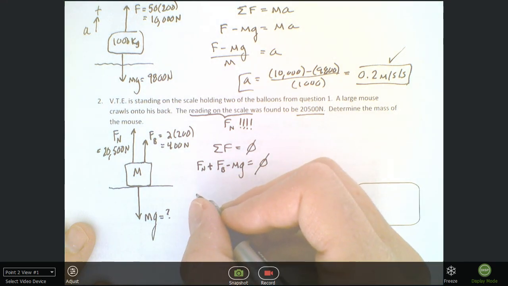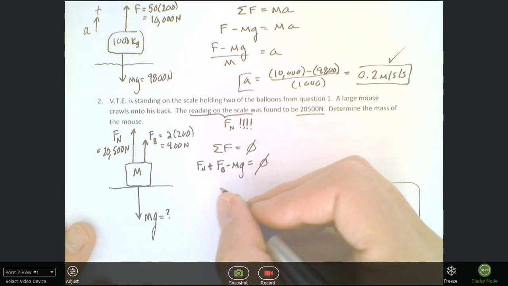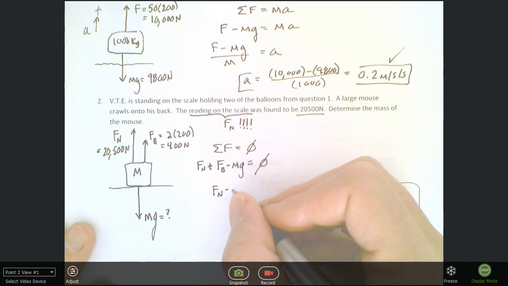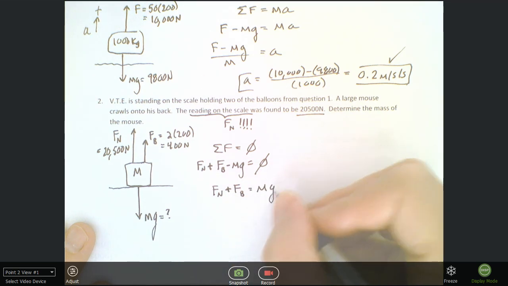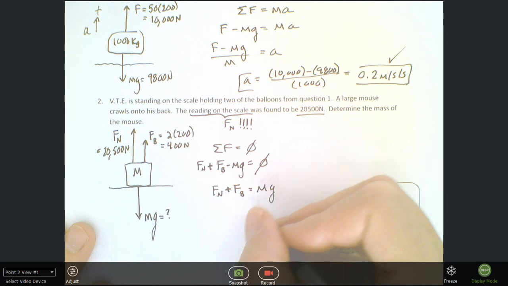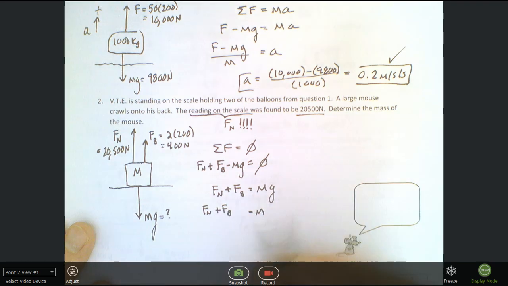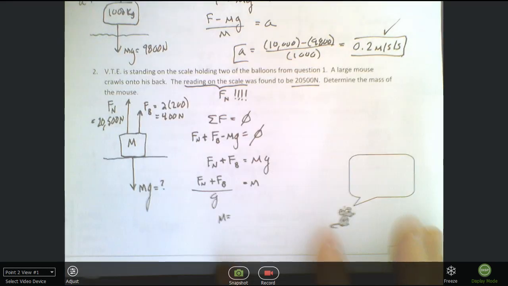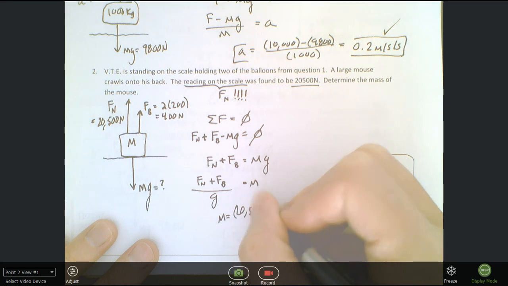And we now have that to find, I'm just going to move this over. So it's Fn plus Fb equals mg. And we're going to find out what that mass is. So it's Fn plus Fb all over g. Okay, now what we do is just plug in some numbers. The normal force is a big 20,500.